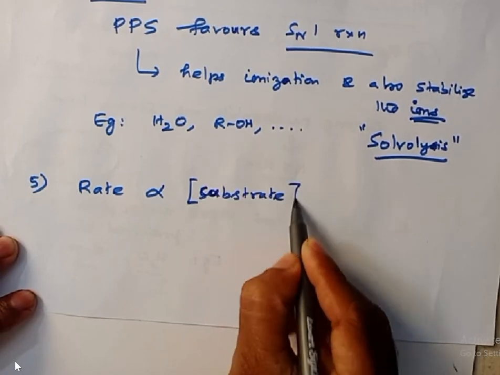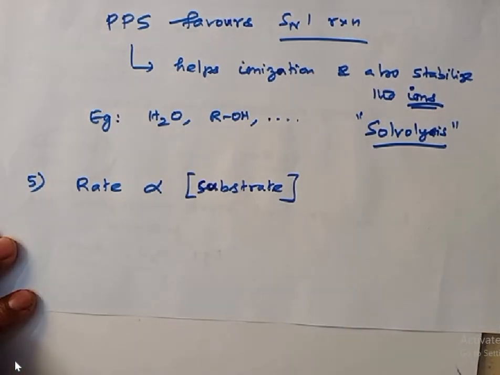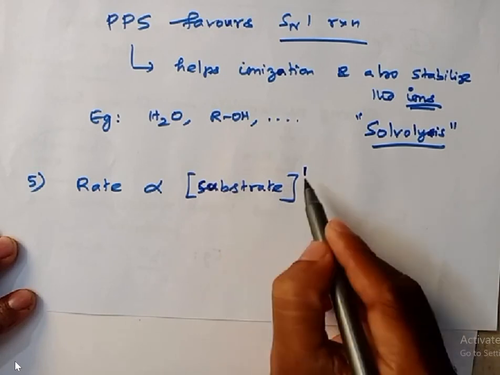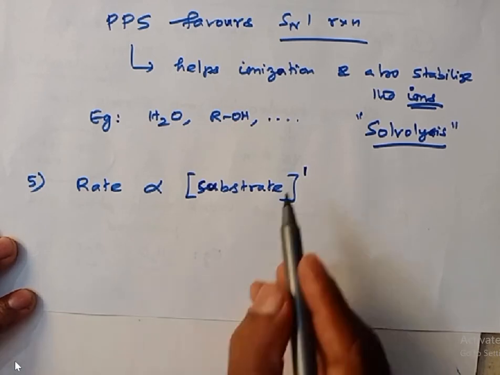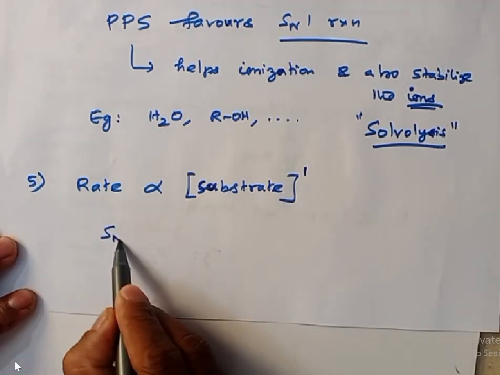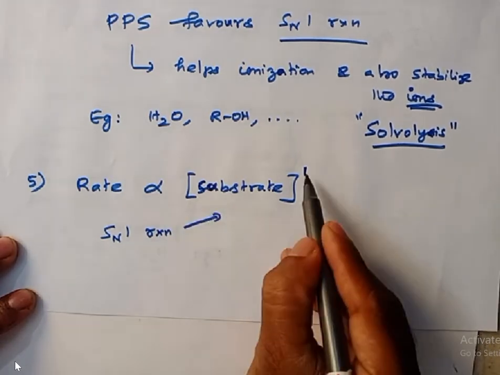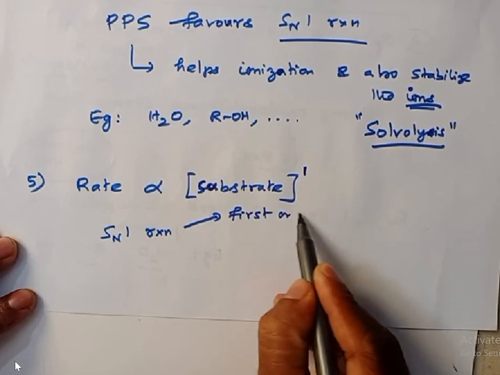Concentration of the substrate, and it was found experimentally that the power of the concentration is actually 1. So Sn1 reaction, students observe carefully, is not only first order. Since the power is 1, it is first order.